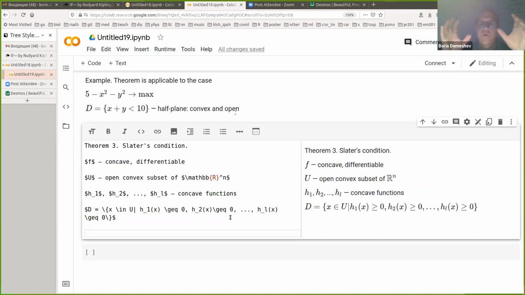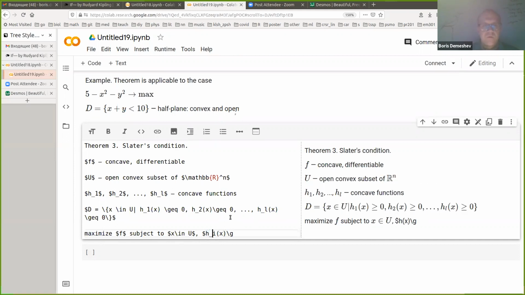So F is my goal function. I would like to maximize it. U is some open subset given by strict inequalities. H1, H2, HL will be non-strict inequalities. And so my problem is to maximize F subject to X in U, and all H of X are greater than 0.